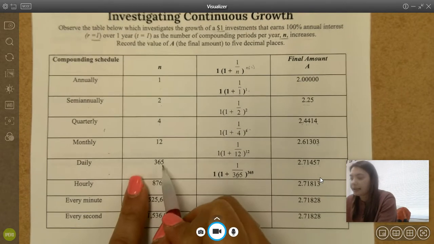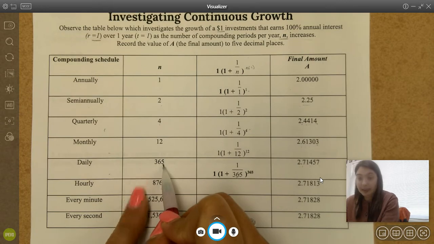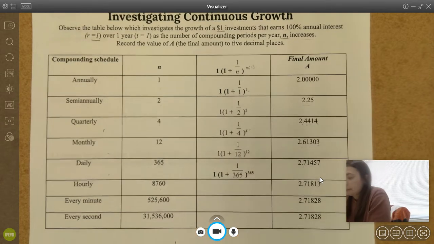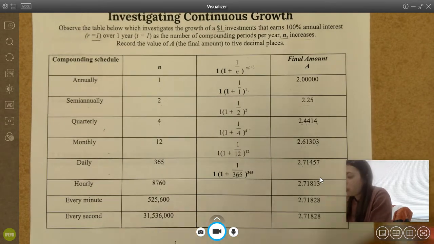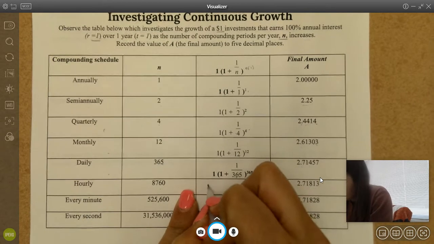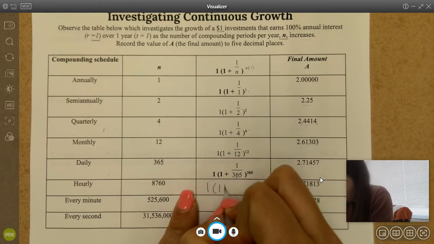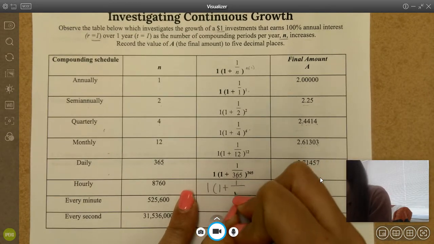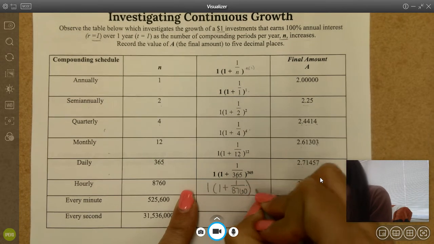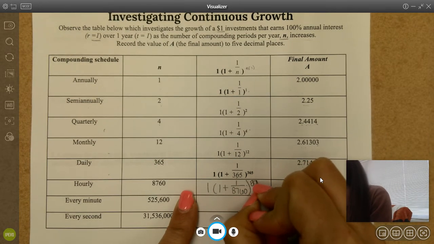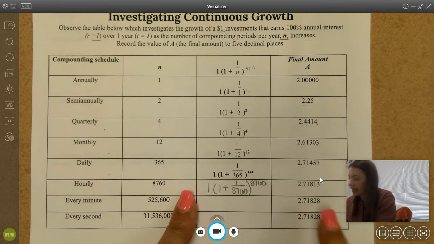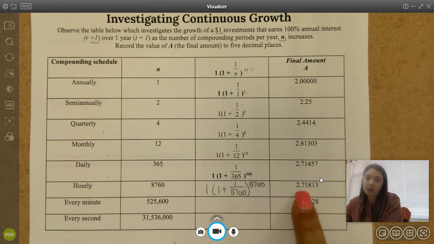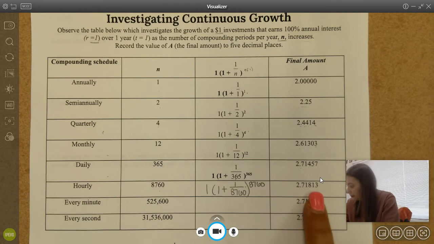You get that by finding 365 and multiplying that by 24. So our expression would be 1 plus 1 over 8,760 raised to the 8,760th power. And that gives you 2.71813, okay?